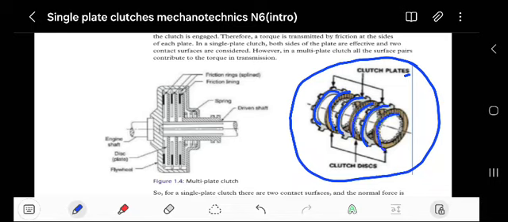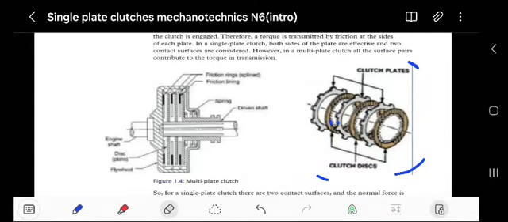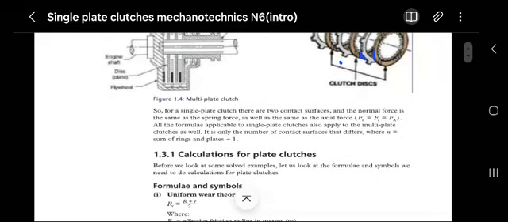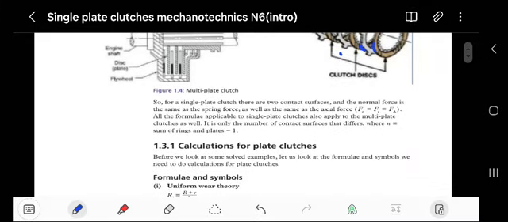So this one is a multiple, not a single. If it were a single, we would consider only these two parts. This is not a single, it's a multiple, right? So as you can see here, it says for a single plate clash, there are two contact surfaces.